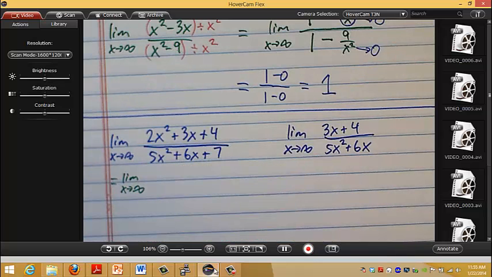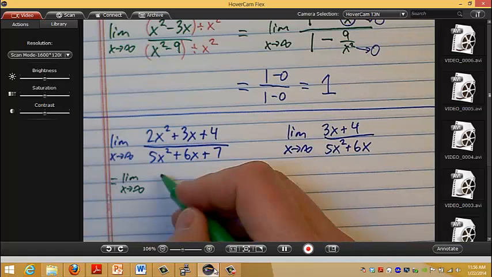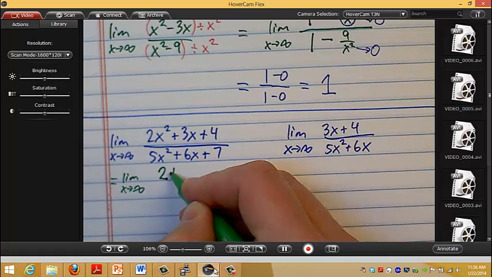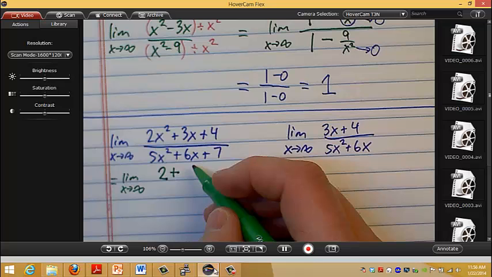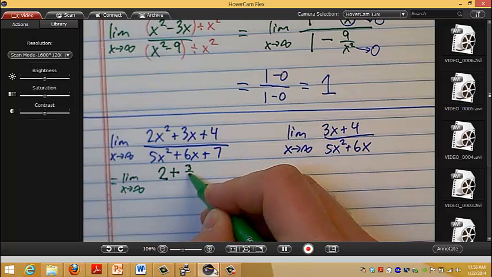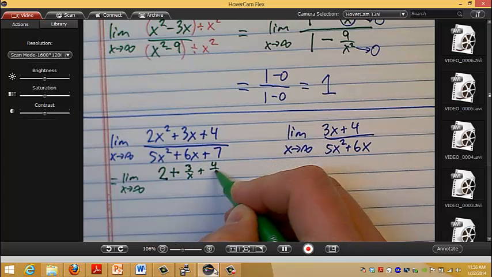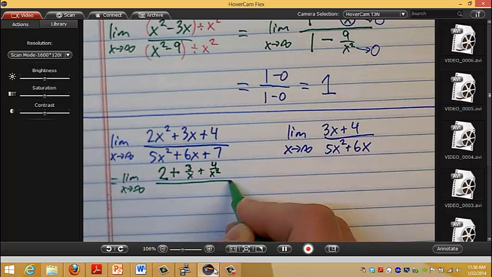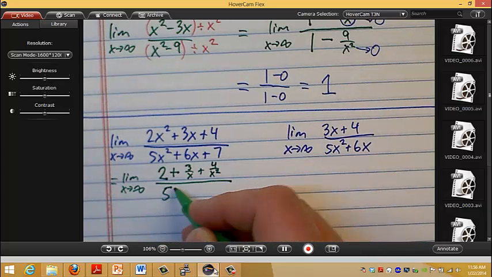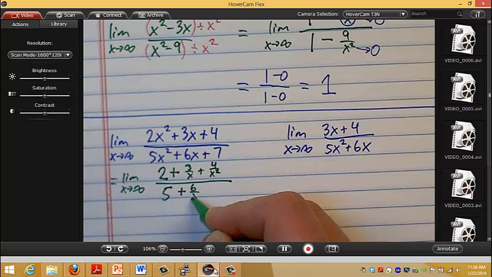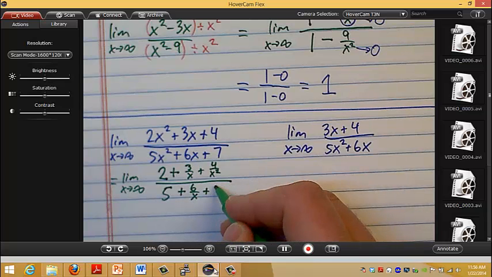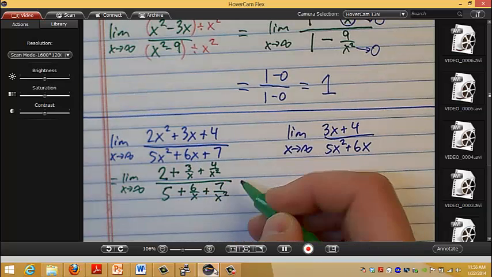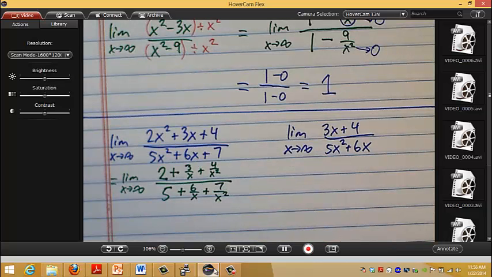When I divide by x squared, what's it going to say? 2 plus, what would be next? 3 over x, 4 over x squared. And then I get 5 plus 6 over x plus 7 over x squared. Now, what's going to happen to all those fractions when x gets really big? 0.